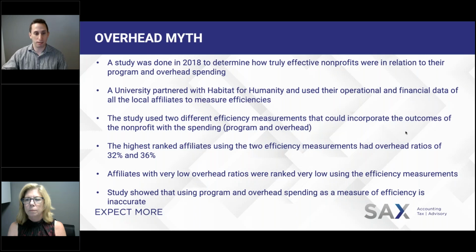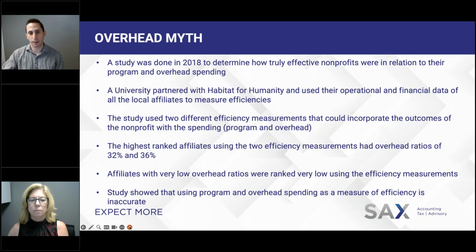And by using one nonprofit, Habitat, the outcomes are all going to be very similar. The issue, and how this whole study came about, is how difficult it is to compare different nonprofits. So in this case, they used one nonprofit with a nationwide presence and looked at it from an efficiency standpoint.